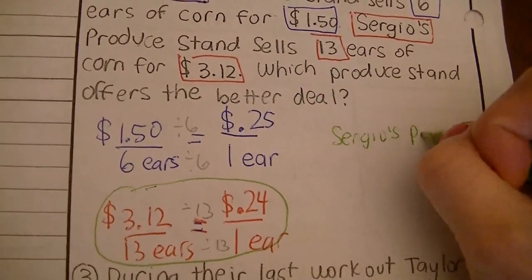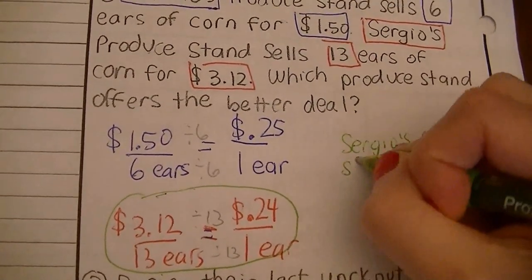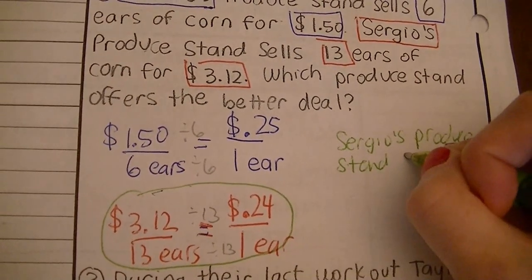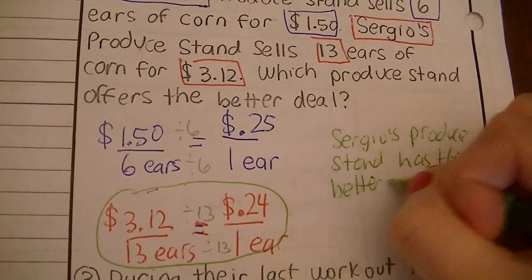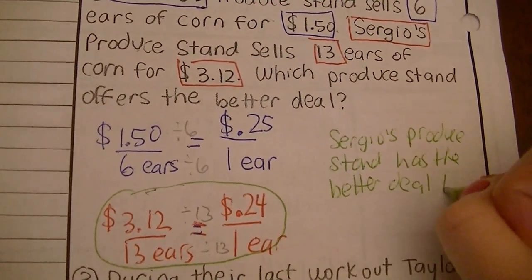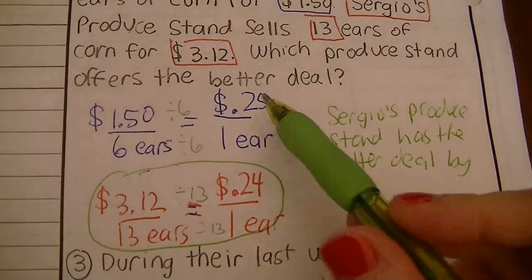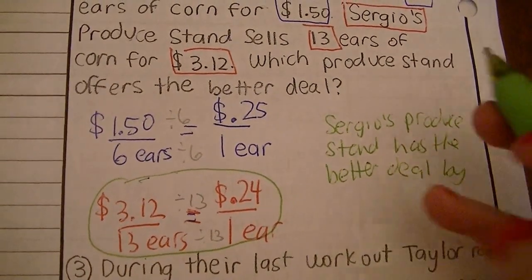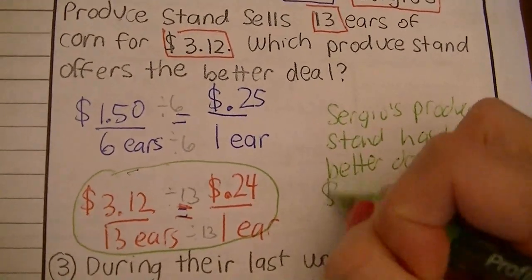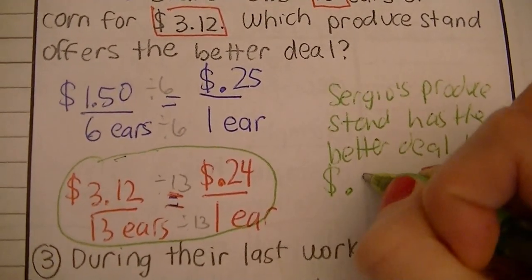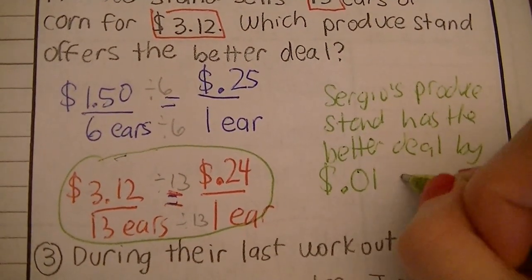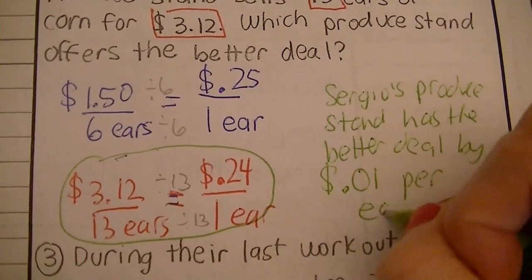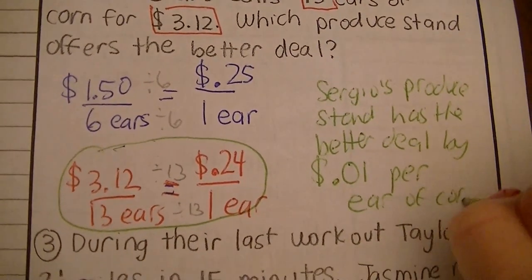Sergio's produce stand has the better deal or better buy by how much? Well, 25 cents minus 24 cents is 1 cent. And this is what 1 cent looks like. Don't put 0.1, that's 10 cents, okay? 0.01. That right there is 1 cent. And don't forget this is the last part, per ear of corn. Okay?